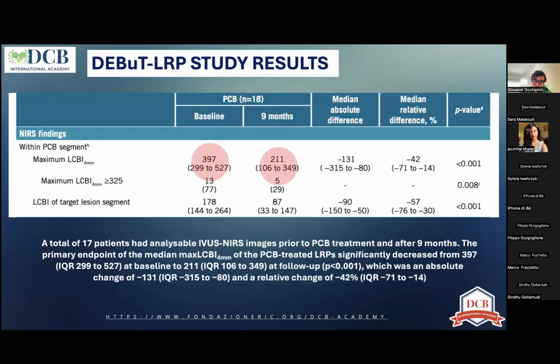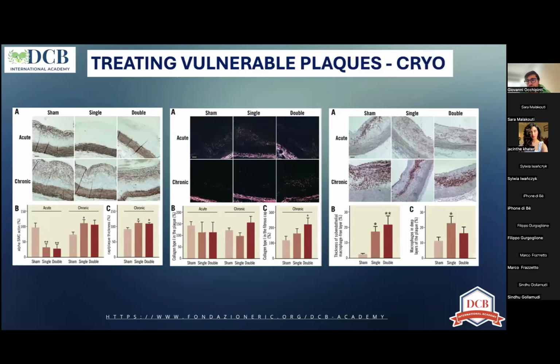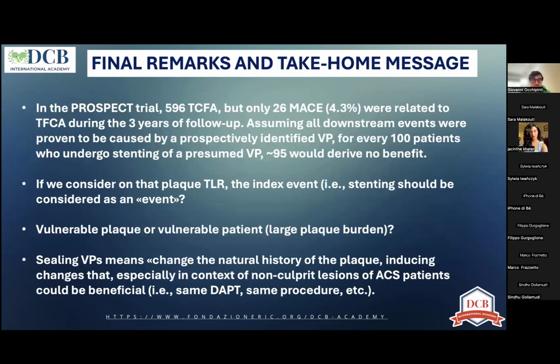What appeared, in a total of 17 patients at 9 months, was a significant decrease of the maximum lipid core burden index, with an important change from the baseline. Other techniques have been investigated, such as cryotherapy in animal models.